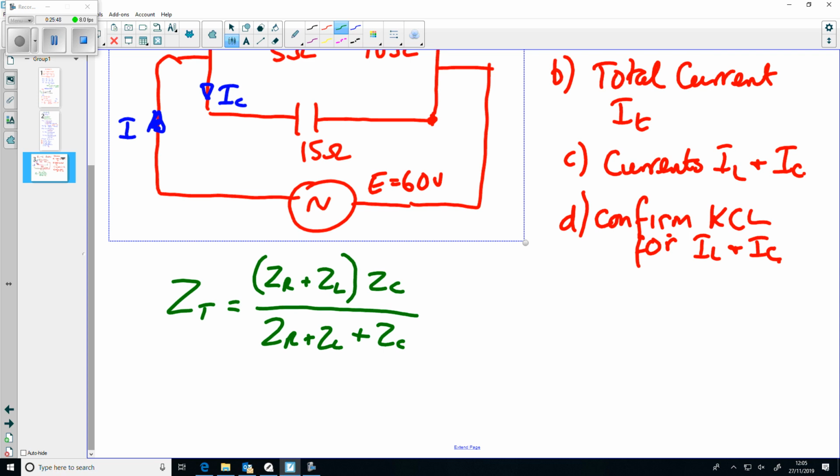So does the phasor diagram work the same way? If you wanted to draw a phasor diagram, what do you think you need to do, Callum?